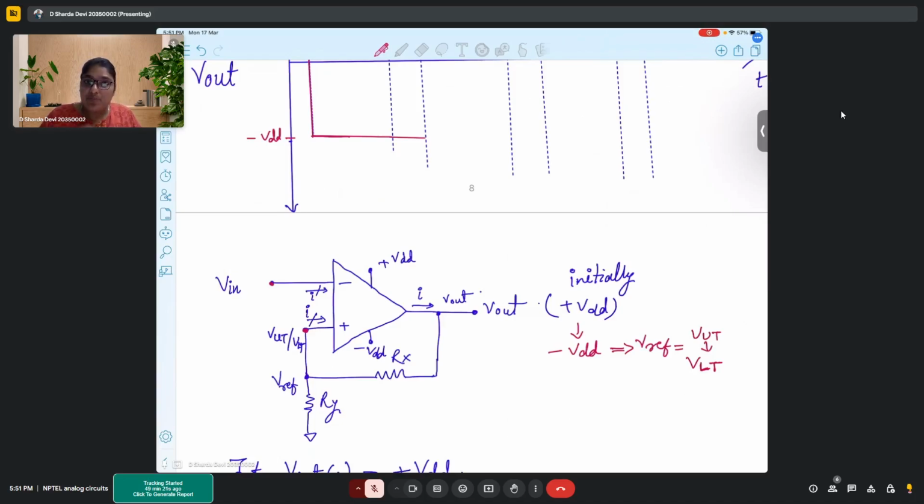If input is smaller than VLT, the positive terminal starts to dominate. So when the positive terminal starts to dominate, your output will now move from minus VDD to plus VDD. Why? Because your positive terminal starts to dominate.